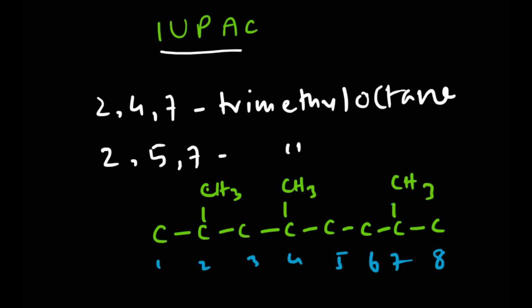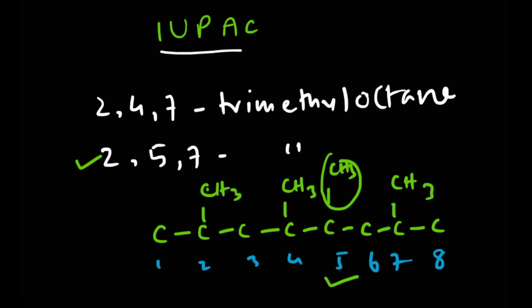So 1 2 3 4 5 6 7, 2,4,7-trimethyloctane is the correct answer, because if you consider 2,5,7, then the methyl should be in this position if we follow this route. If we follow this route, then we have to start from this side, because this branch will come first.